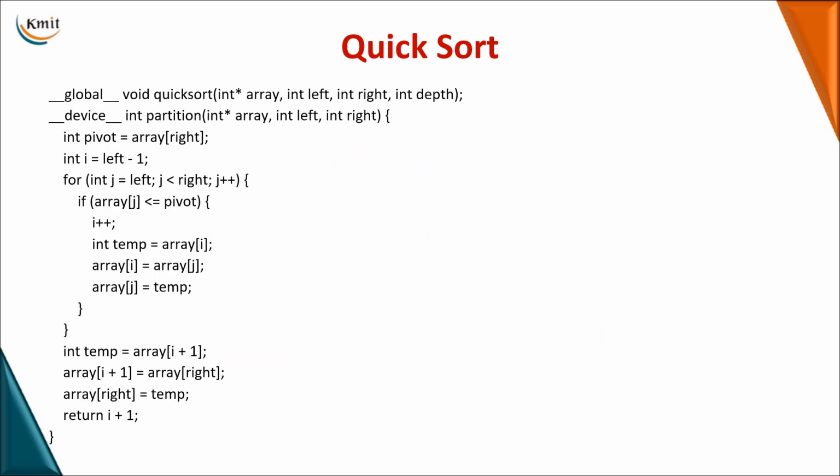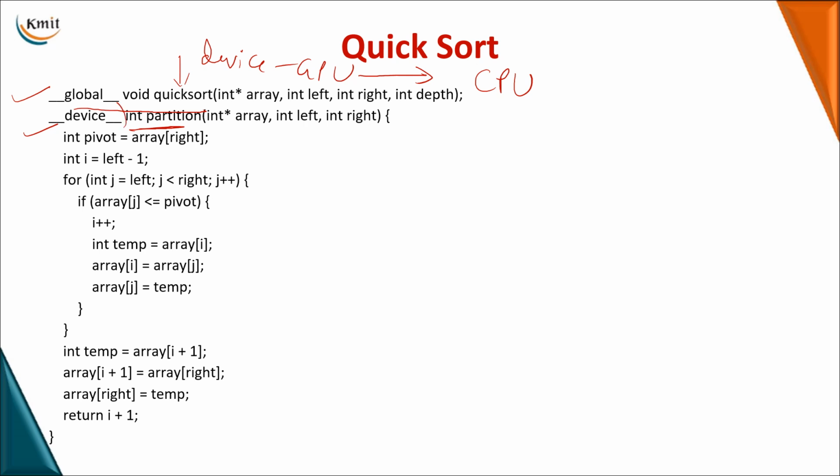If you want to see the programming part, we generally have two functions here. One is global void quicksort, which is a device function, meaning it will be executed by your GPU. Though it is executed by the GPU, the CPU will take the responsibility of calling this function. In between, you perform the partitions and apply the same quicksort procedure.